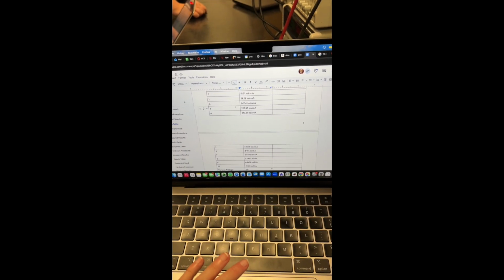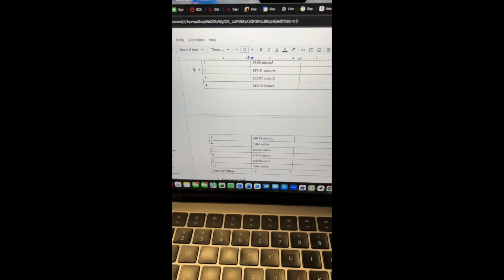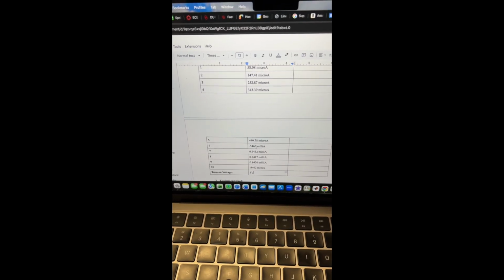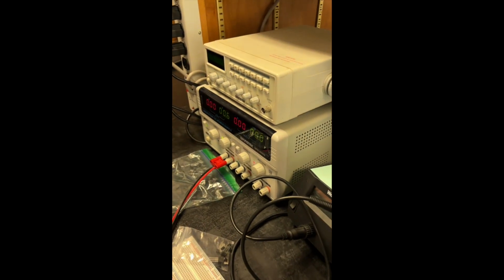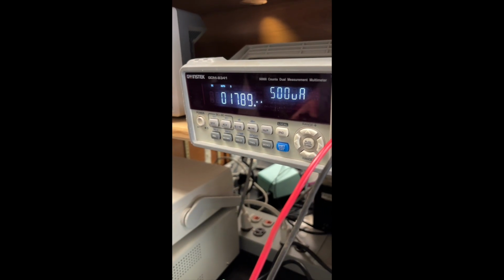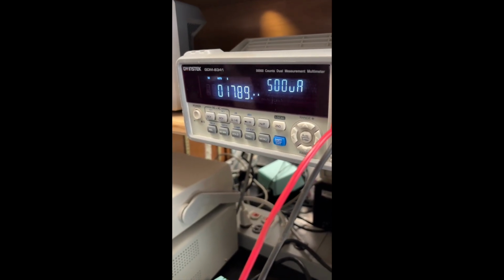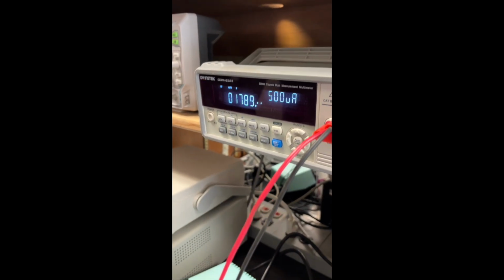Alright, now we're at the point where we have looked at the current through the diode for our positive voltages, and we can see that it kind of moves just linearly upwards as the voltage supplied to the circuit increases. But we noticed that when the voltage was anything above 0, it gave us a very small reading, and then starting at about 0.7 volts, it gave us a more linear reading of it moving upwards.